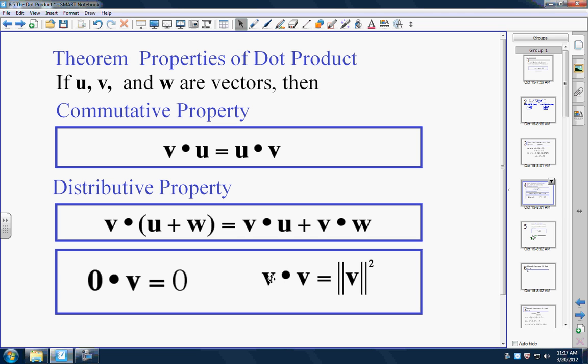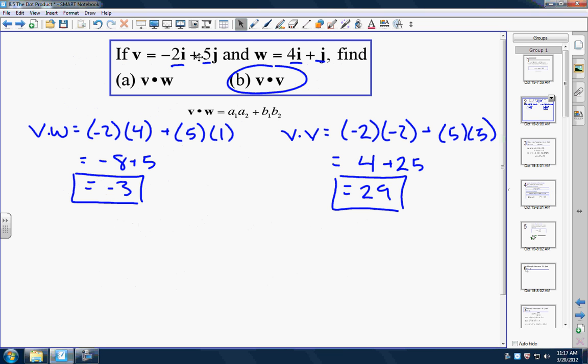And if you take the dot product of the same vector with itself, it's basically just the magnitude squared. That one should be really easy to prove. So we should be able to take the magnitude of v here, and this would come out as the square root of 29.